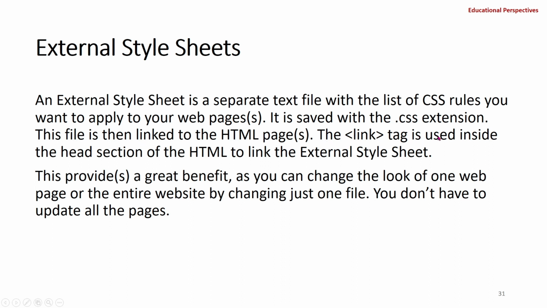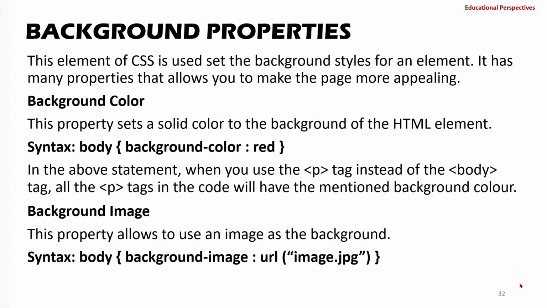The link tag is used inside the head section of the HTML to link the external style sheet. This provides a great benefit as you can change the look of one web page or the entire website by changing just one file. You don't have to update all the pages and all the tags.